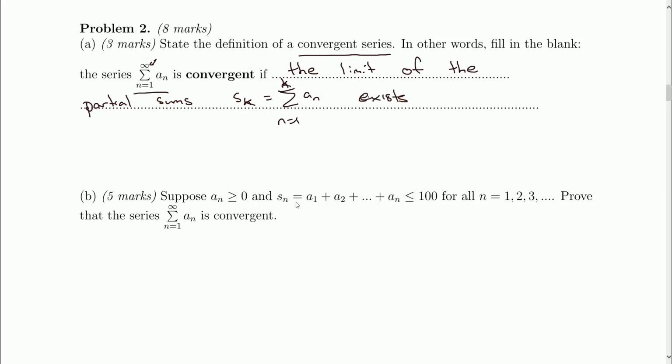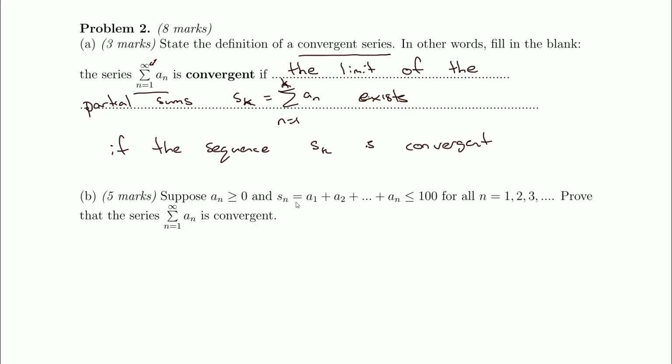Another way you could say it, other things you could say, if the sequence Sk is convergent. That would be another thing you could say. Variations on these, but this is the main idea.